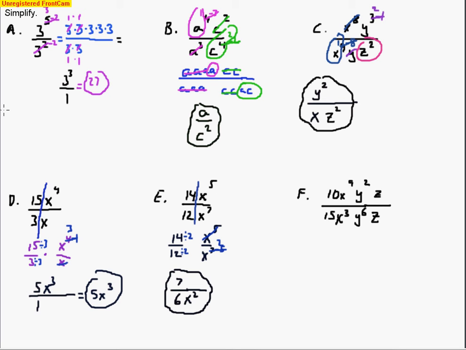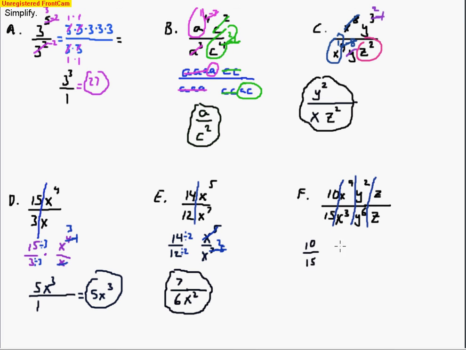So the next problem just has more parts to it. We've got coefficients, we've got x's, we've got y's, and z's. So I'm thinking of it as 4 separate problems that eventually I'm going to combine as one.